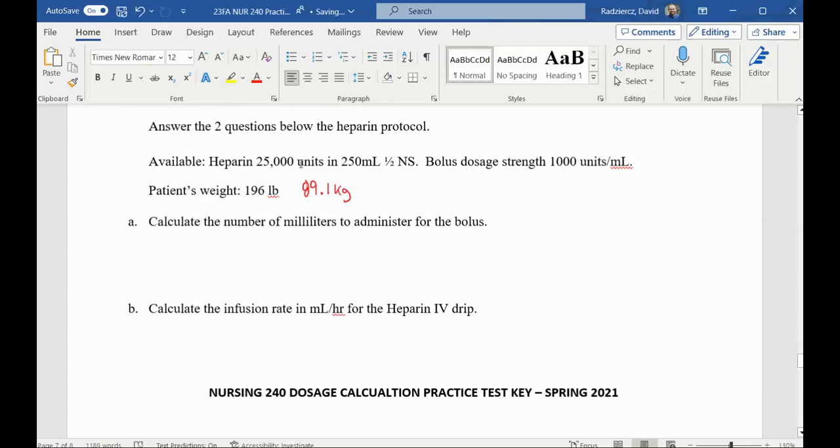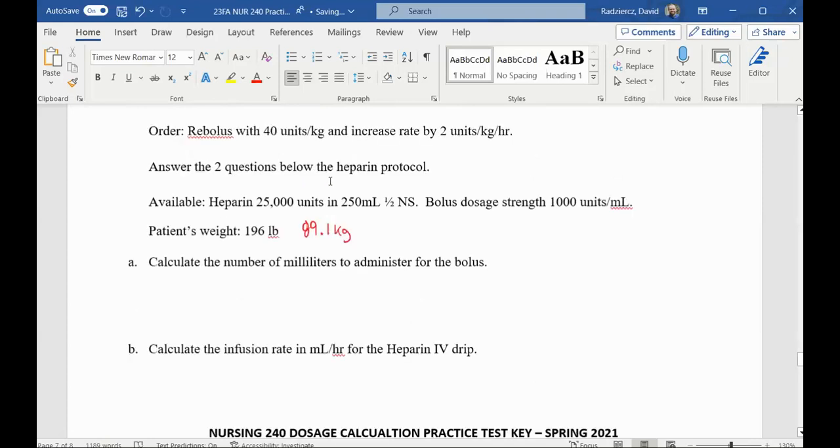Okay. So first thing is bolus. We're doing a rebolus, right? It doesn't really matter if it's bolus or rebolus. We're still doing the same things. I've just changed up the questions here. So I'm going to take 89.1 kilograms, and then I'm just going to follow the order.